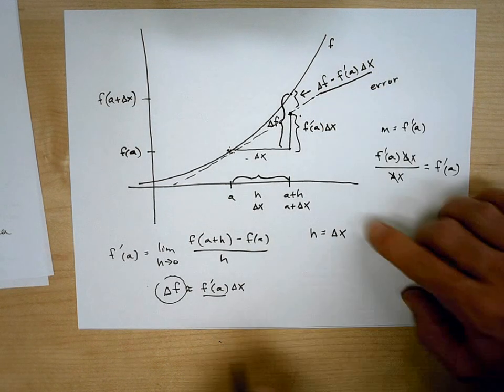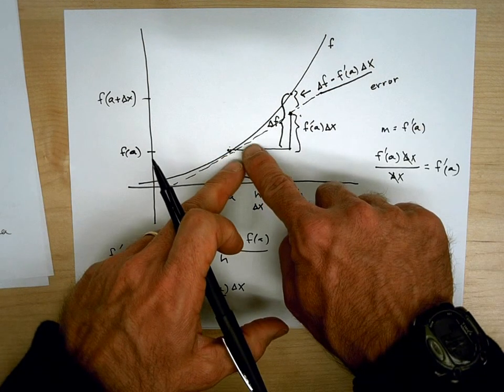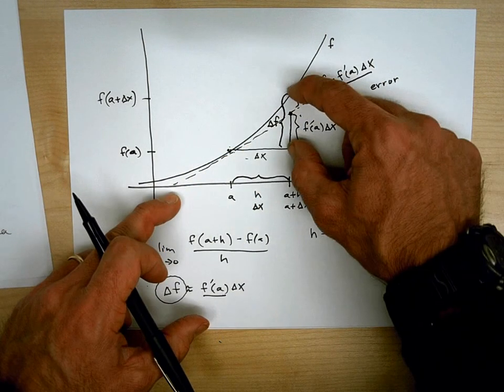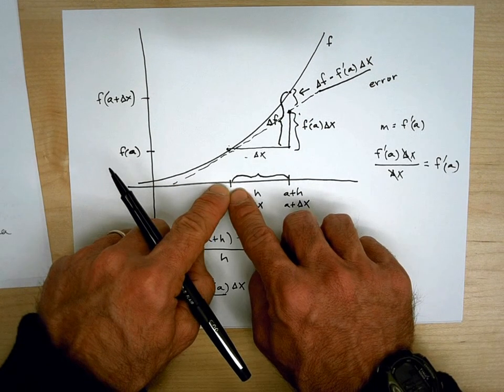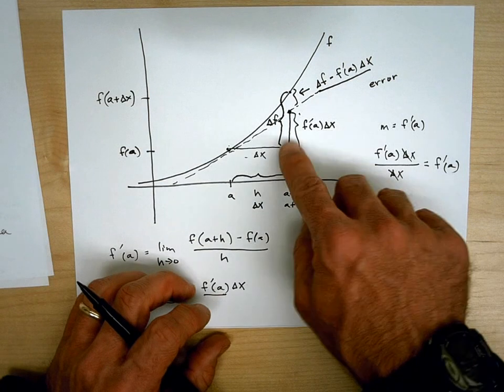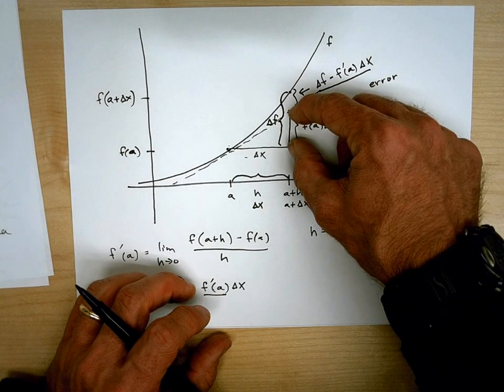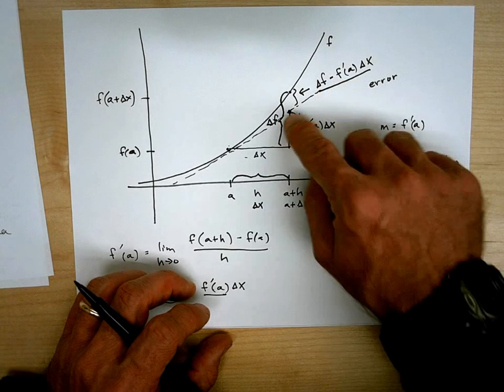Because f is curved and a tangent line is not curved, there's going to be some error, and that error is going to get larger the farther away we get from A. So as long as we stay close to A, f prime of A delta x, this vertical distance, will be a good approximation for the actual change in the function. And then this error is just the difference between the two.